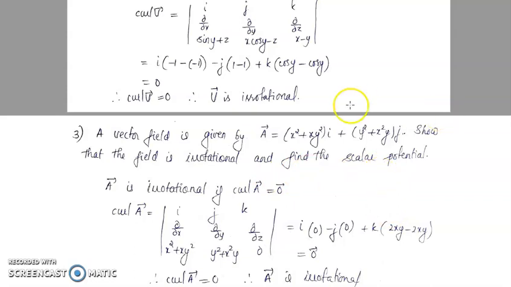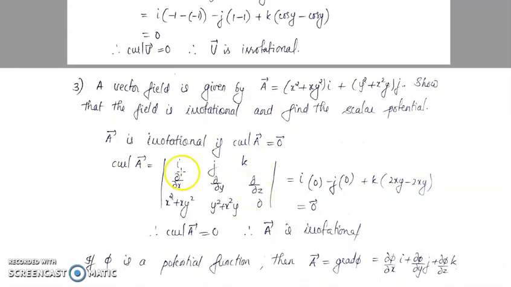So we are given the vector A, and for irrotational, curl A must be equal to 0. So evaluate curl A. So that is i times 0, dou by dou y of 0 minus dou by dou z of y square plus x square y, so that is 0, minus j into dou by dou x of 0 minus dou by dou z of x square plus xy square, that is 0.